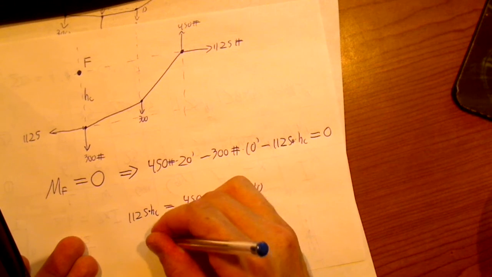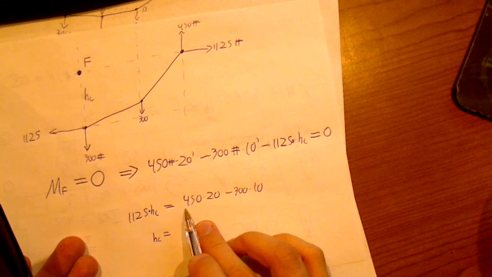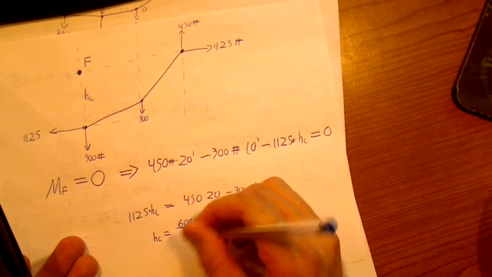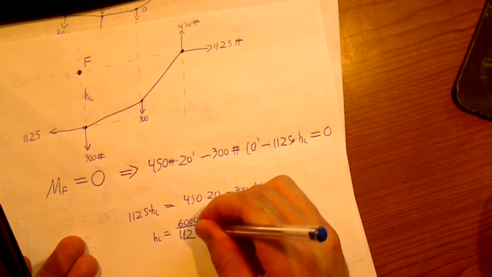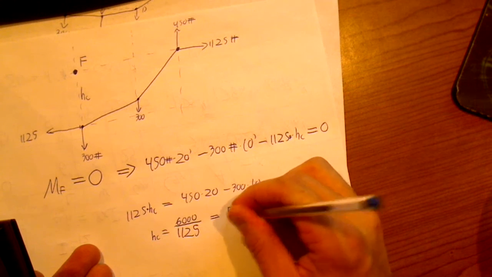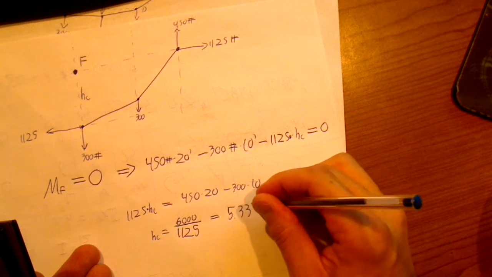So we have HC equals, this business on the right is 6,000 over 1125. Lo and behold, same answer, 5.33 feet.